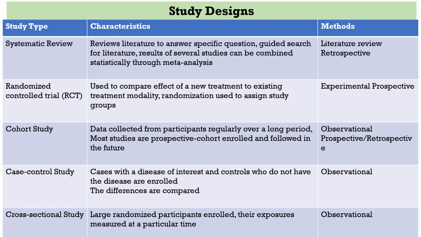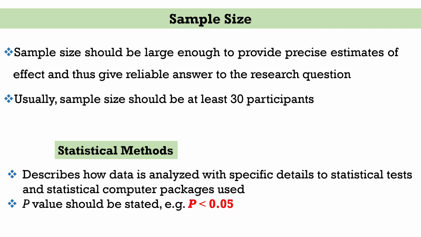Another important thing that you need to keep in mind when you are writing your methodology section is the sample size. It is recommended that you have a large sample size so that the estimates of the effects being reported give a reliable answer to the research question in consideration.